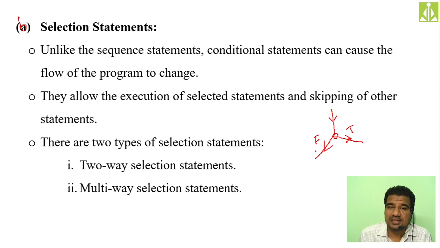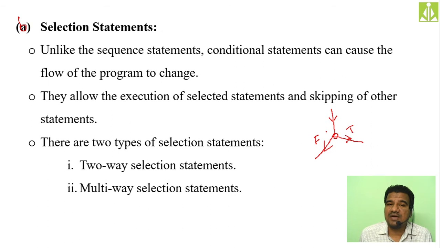Whenever the condition is true, the flow goes in this direction, so it is skipping the false path. It is not taking the false path. And when the condition becomes false, it is taking the false path, so it is skipping the true path. Likewise, you have to remember.